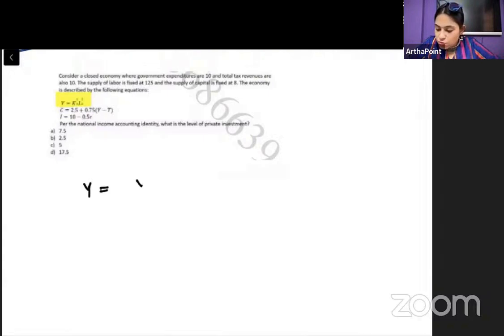Y is equal to K to the power 1 by 3, L to the power 2 by 3. And I am doing this because I have been given that the amount of labor is 125. It's a cube. 5 cube is simply 125. And the amount of capital is 8.